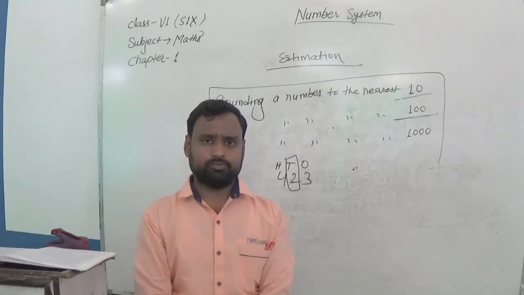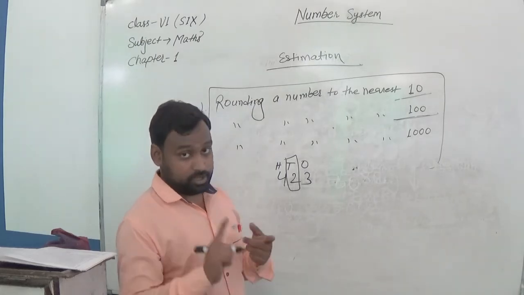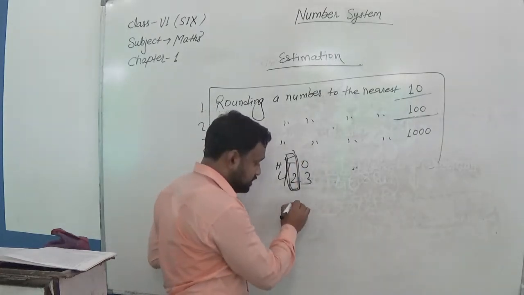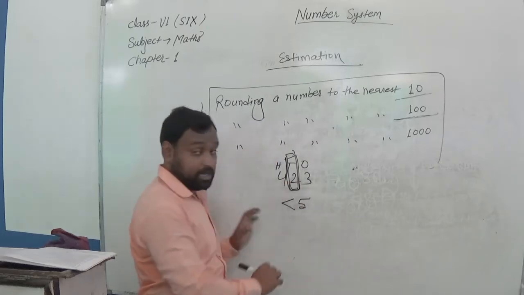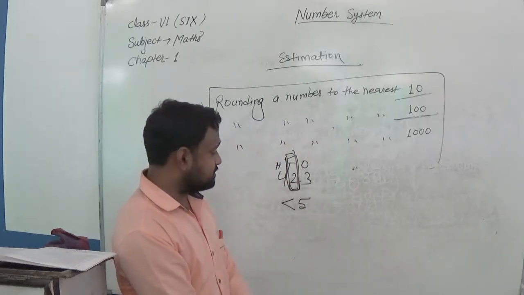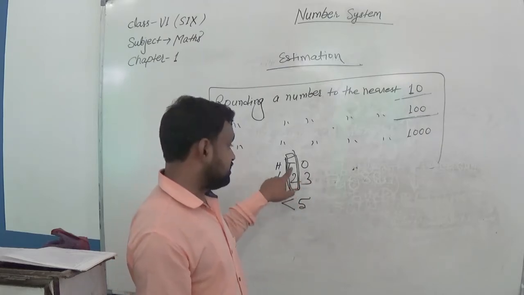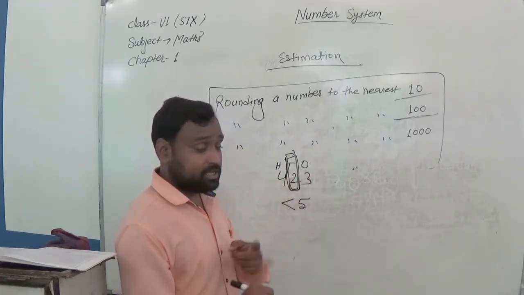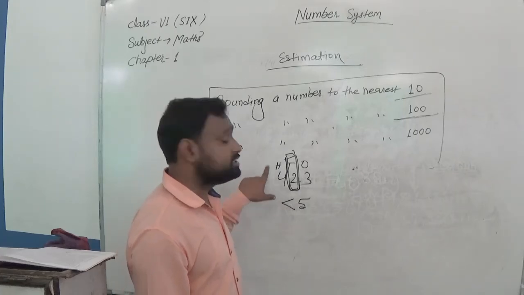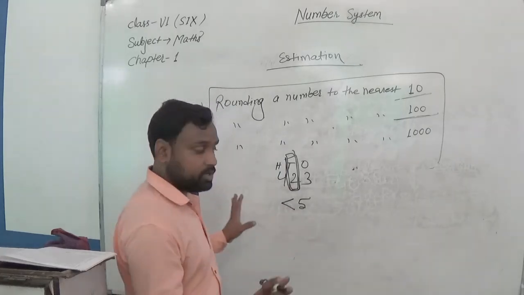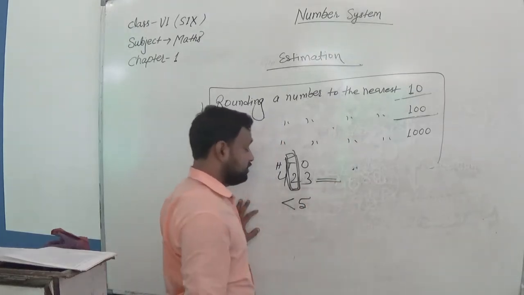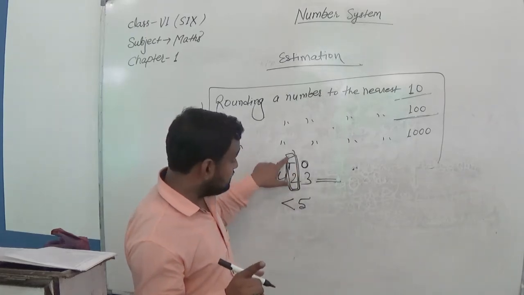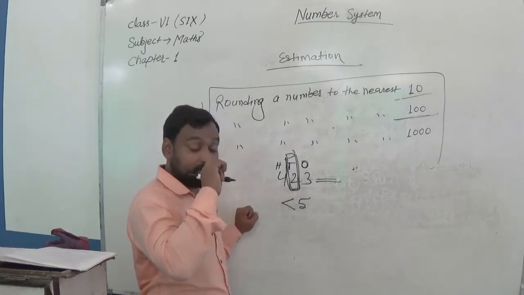Here the same thing we have to do. If the digit at the tens place is less than 5, in that case we have to replace the digit at the tens place and the digit at the ones place with 0, and keep the rest of the digits, it means the digit at the hundreds place, unchanged.